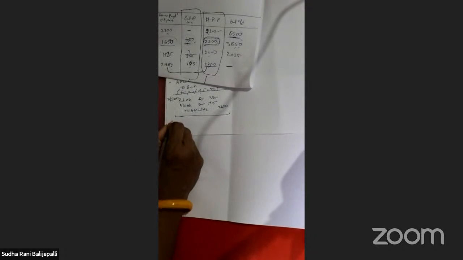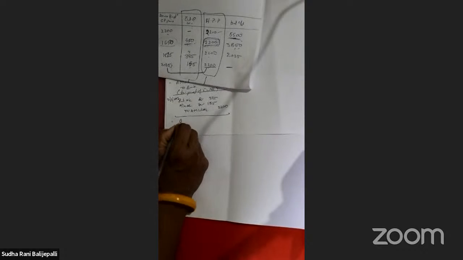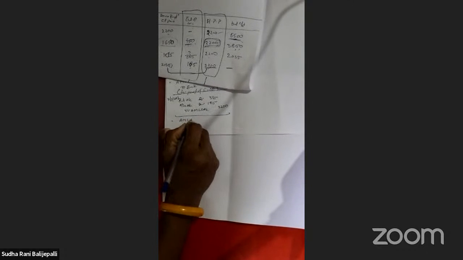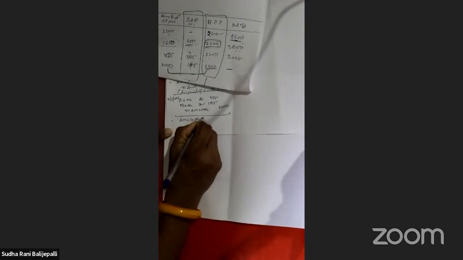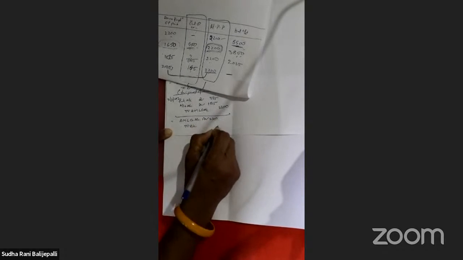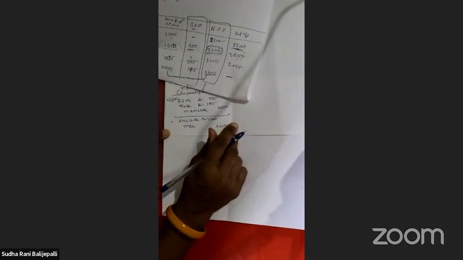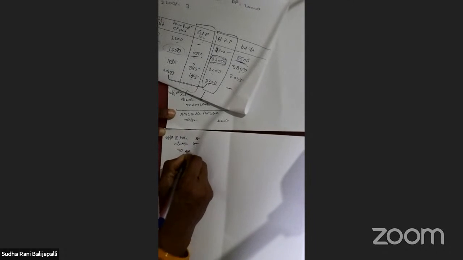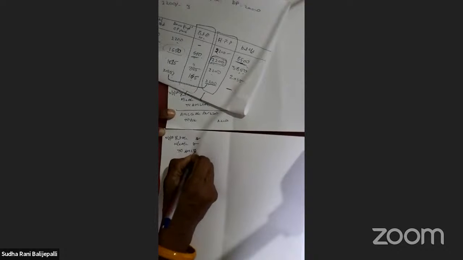The second entry in the second year ending is for the payment of the installment. Automated Machine Tools Limited Company account debit to bank account, 2200. Same way for the last year, the third year, 31st March 2018: interest account debit, machine account debit, to Automated Machine Tools Limited Company account.